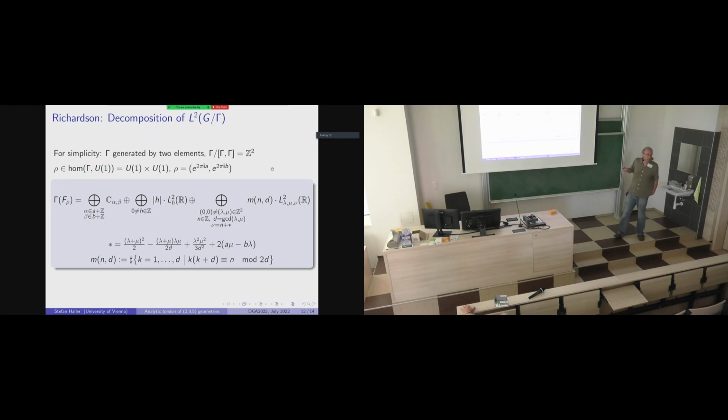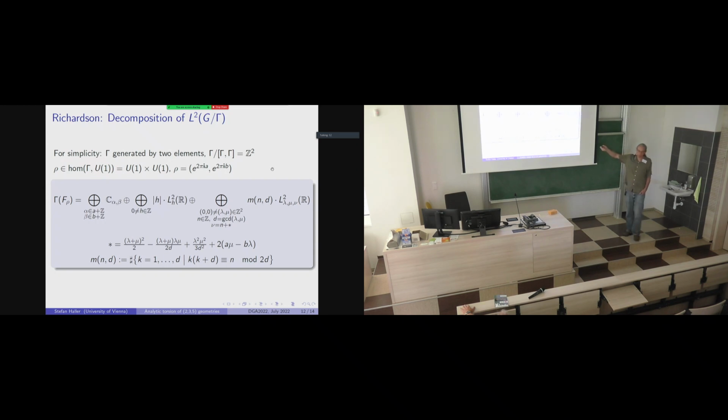The decomposition of the sections of the flat bundle over the nil manifold into irreducible G representations looks like that. You have some of these one-dimensional representations appearing. The parameters alpha and beta must be integral up to a shift determined by the representation rho.